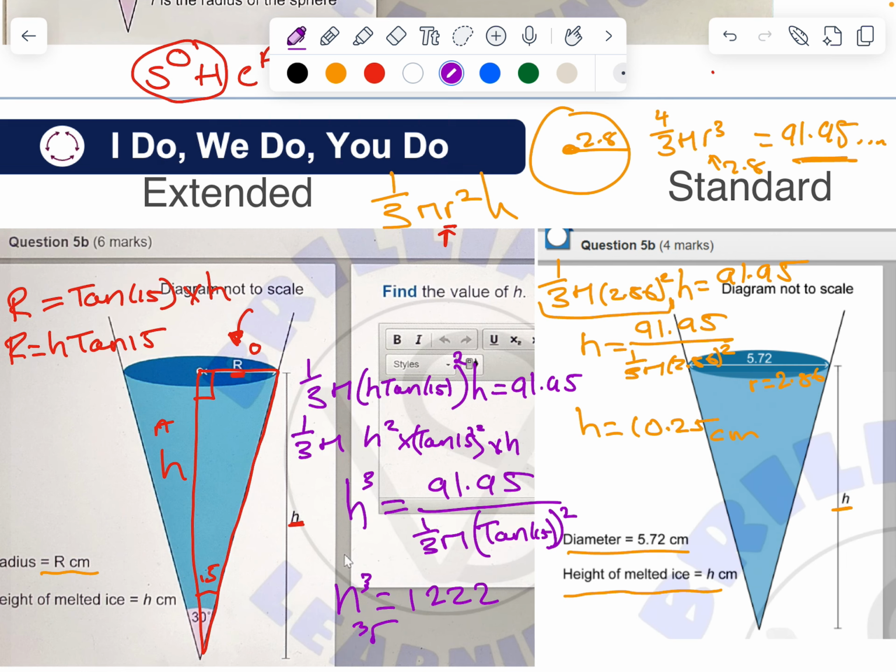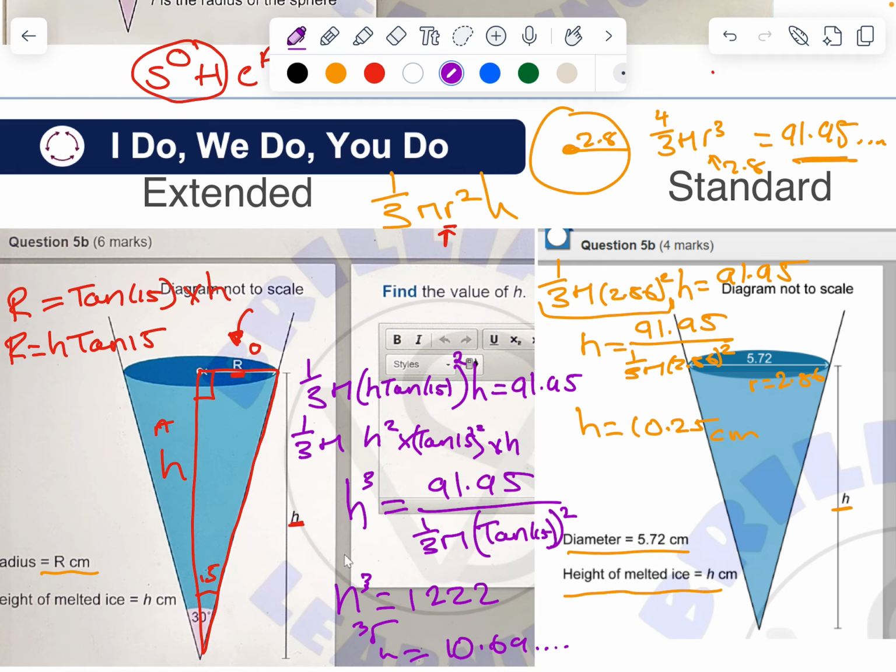And then you have to cube root. So h, shift cube root answer is 10.69.